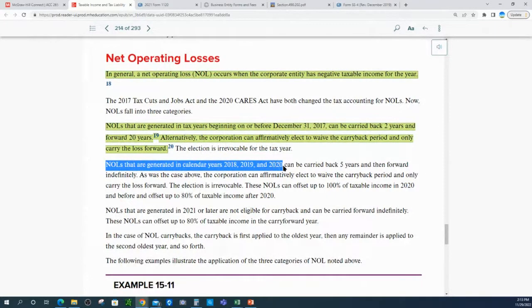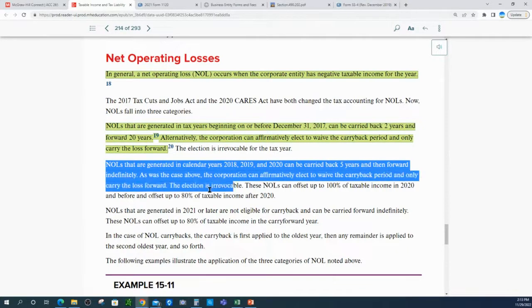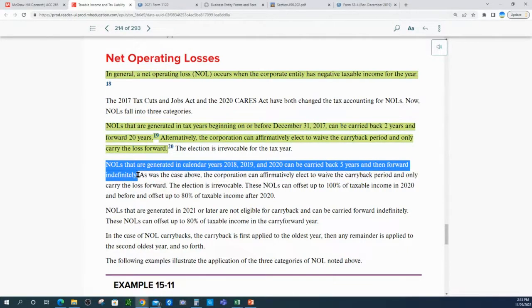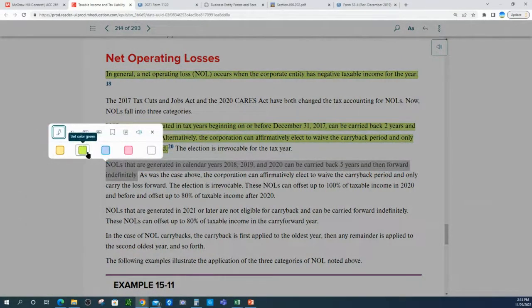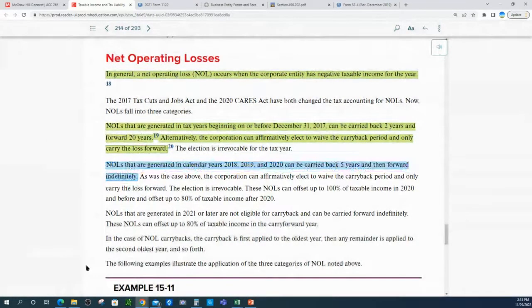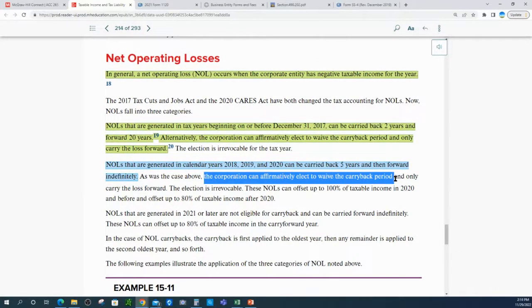NOLs generated 2018, 2019, 2020 can be carried back 5 years and then forward indefinitely. So there are some differences here depending upon when the NOL was generated. A corporation, again, can elect to waive the carryback period and only carry it forward.